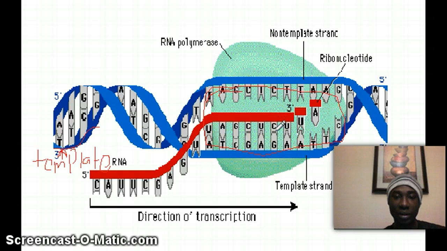So once the signal attaches to the data box, helicase enzymes will break down the hydrogen bonds between the nitrogen bases on the DNA. So after this occurs, the DNA will wind itself back.